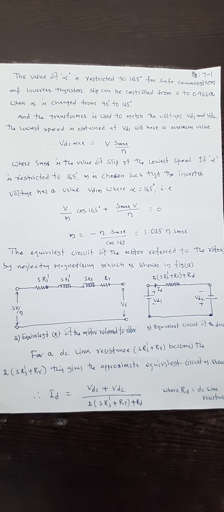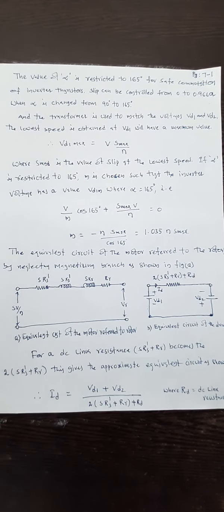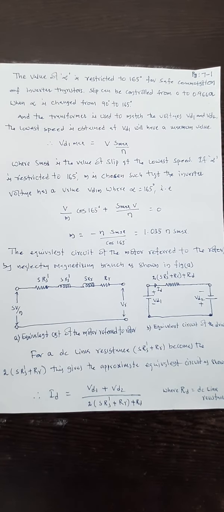For safe commutation of the inverter switches, we do not use the firing angle up to 180 degrees. It is restricted to 165 degrees, so that safe commutation takes place in the switches used in the inverter assembly.